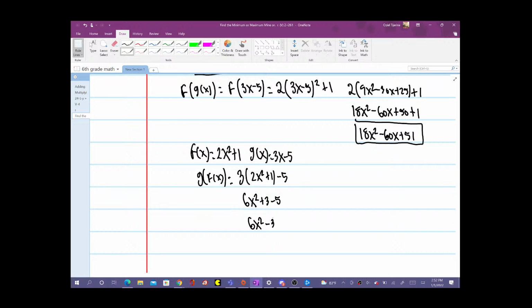Sorry about that. So you can actually see that there's a difference when you find f of g of x and g of f of x in this example.